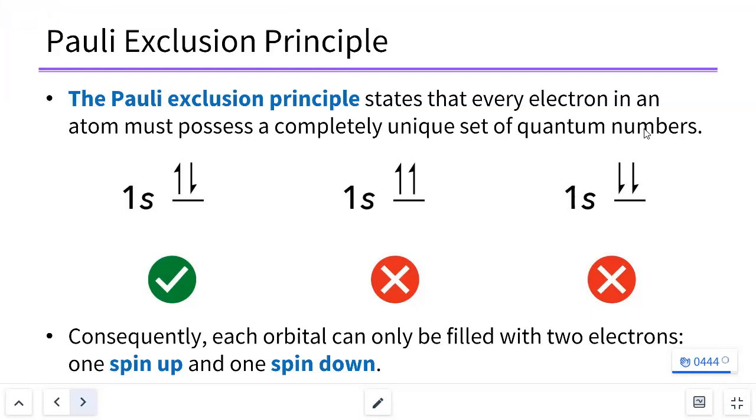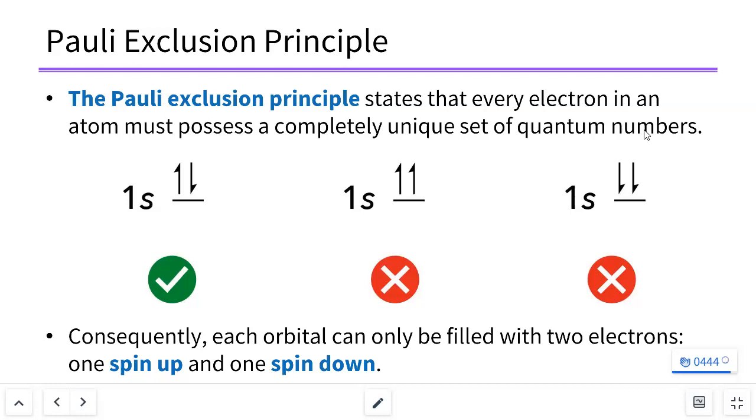What the Pauli exclusion principle tells us is that no 2 electrons in an atom can have the same 4 quantum numbers. Every electron has to have a unique set of 4 quantum numbers. Otherwise, we know that that atom cannot be in the ground state. It must be in some kind of an excited state.